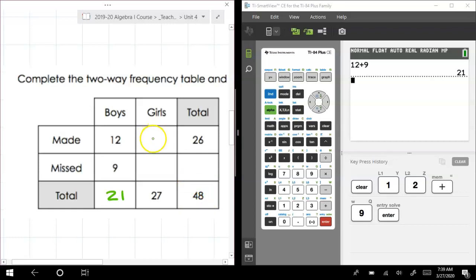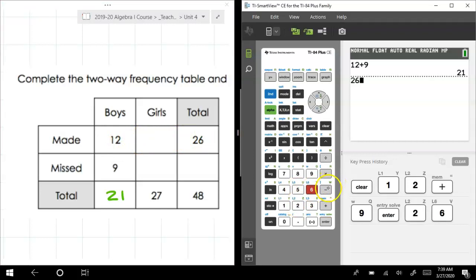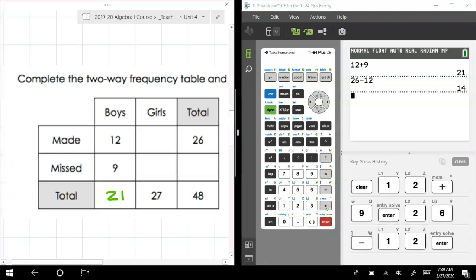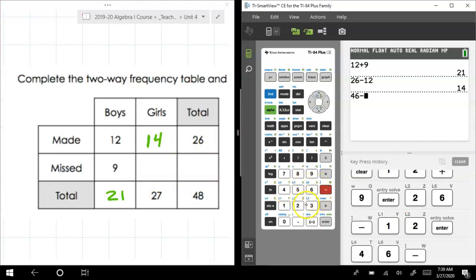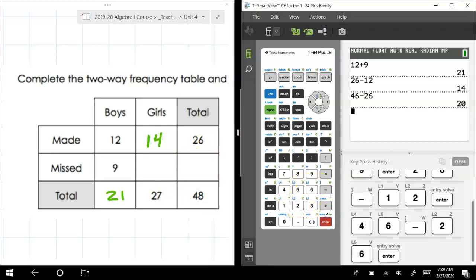I can figure out how many girls made their basket, because I know there were 26 total that made it, and there were 12 boys that made it, so that means there were 14 girls that made it. And now I can do either subtraction. But you know there were a total of 48, and 26 made their basket.